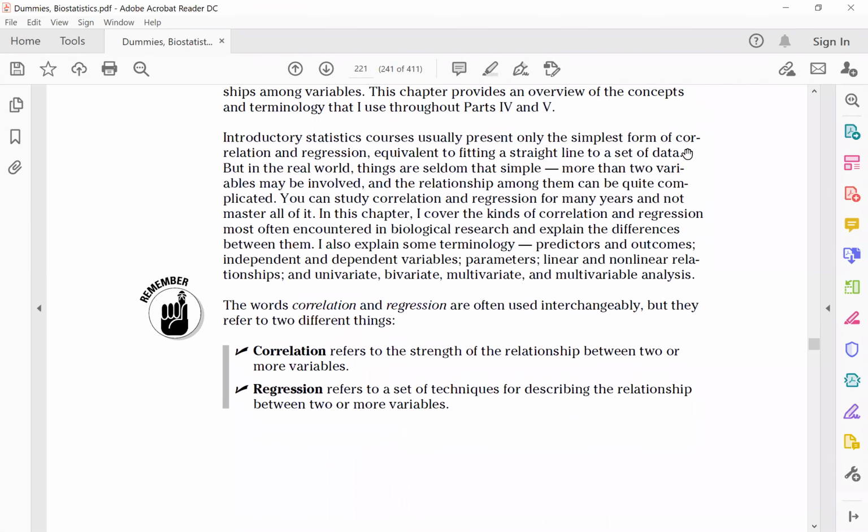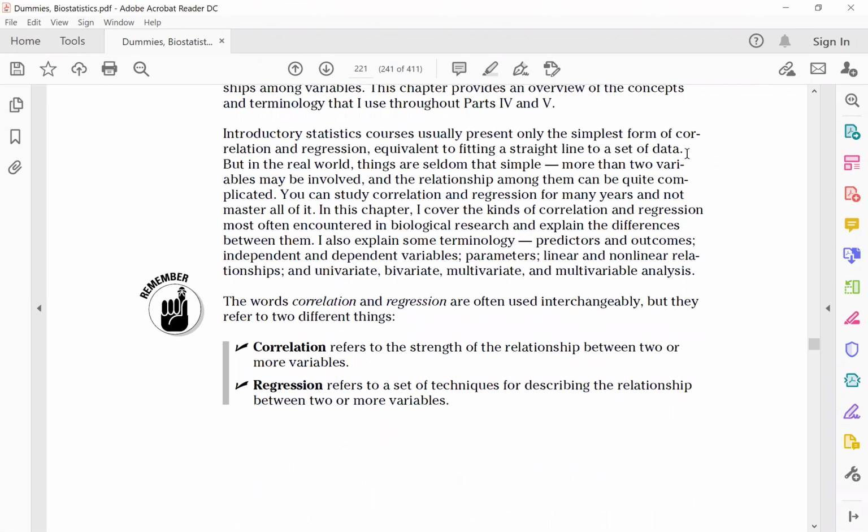Introductory statistics courses usually present only the simplest form of correlation and regression, equivalent to fitting a straight line to a set of data. But in the real world, things are seldom that simple.